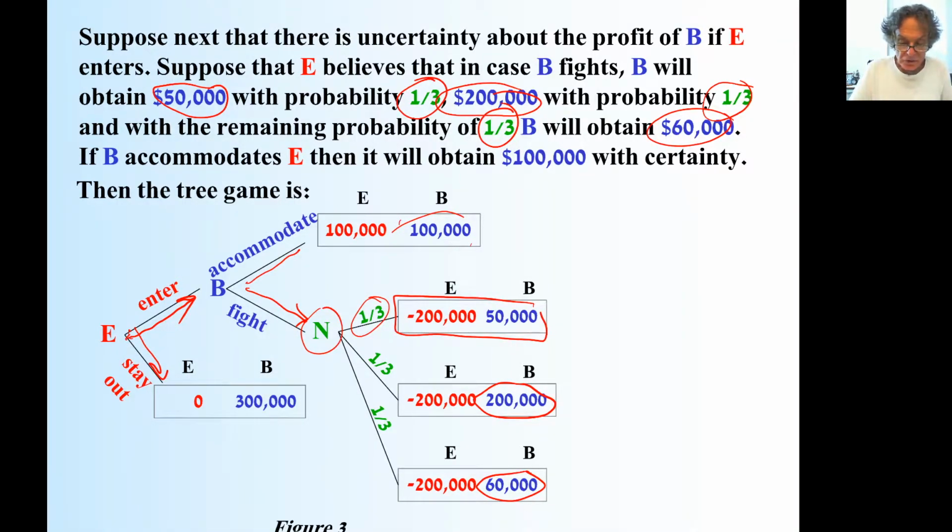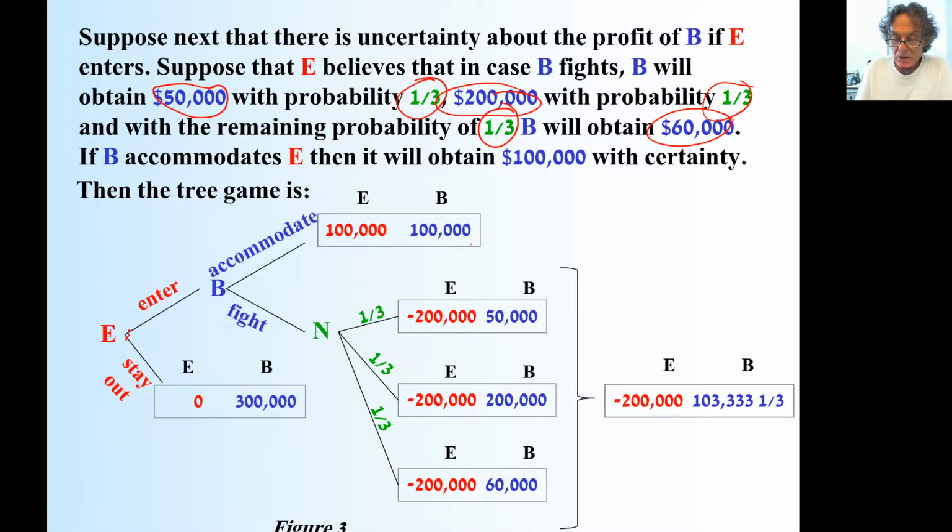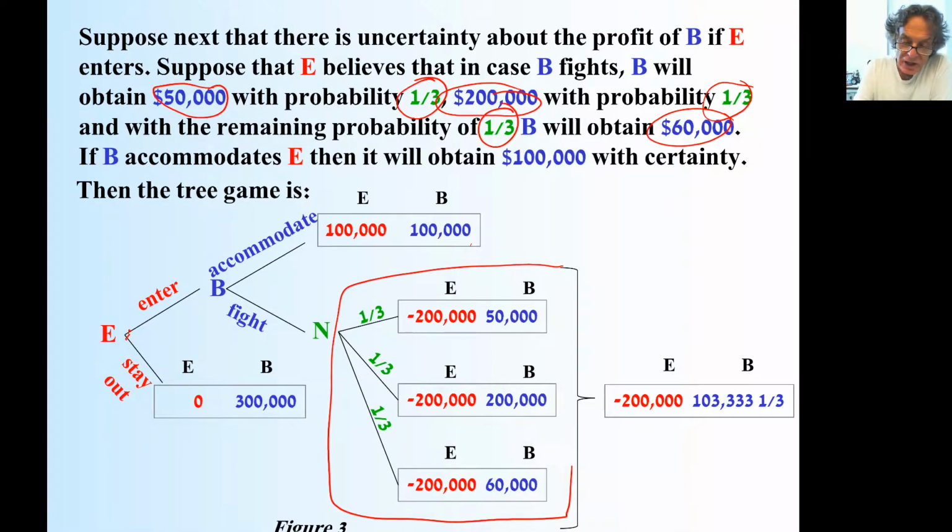Okay? So let me try to analyze this game, again by what we call backward induction. So first of all, I want to find out what all this is. With probability 1/3, as for E, he gets negative 200 no matter what. So he's guaranteed to get negative 200.